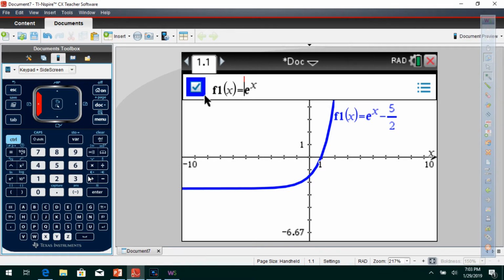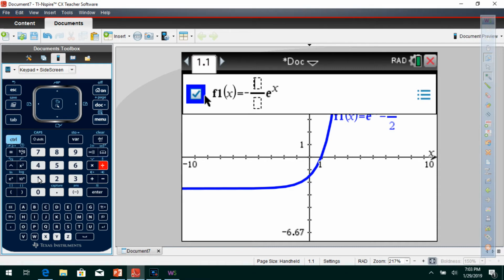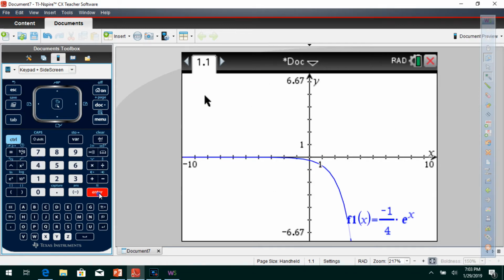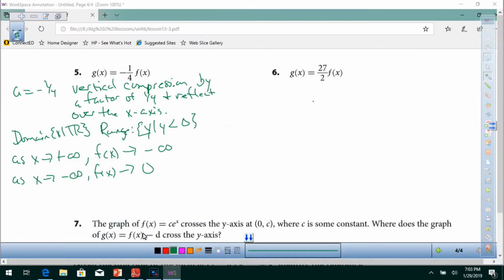We'll put in negative and then control divide 1/4. And let's put a times in there. Okay, see how I did it? All right, good deal. So as it approaches negative infinity, 0; as it approaches positive infinity, negative infinity. Looking good.